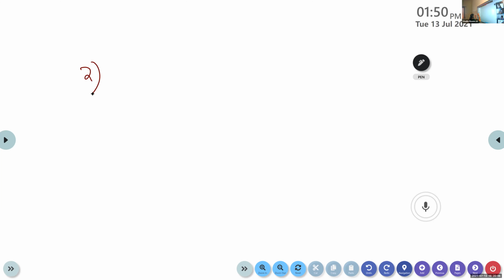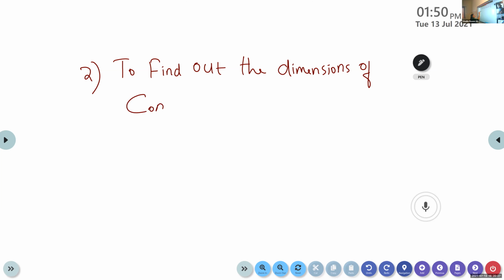Now we can see how the dimensional equations can be used to find out the dimensions of a constant.